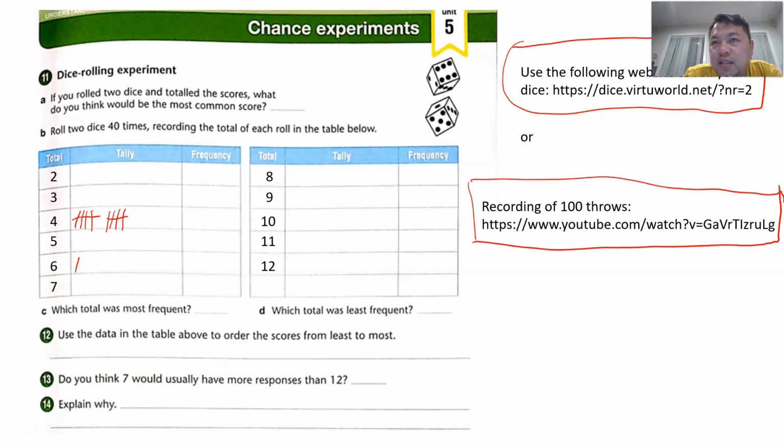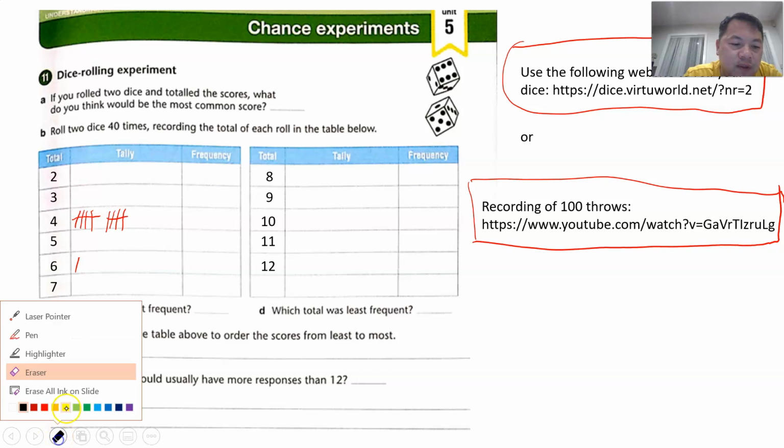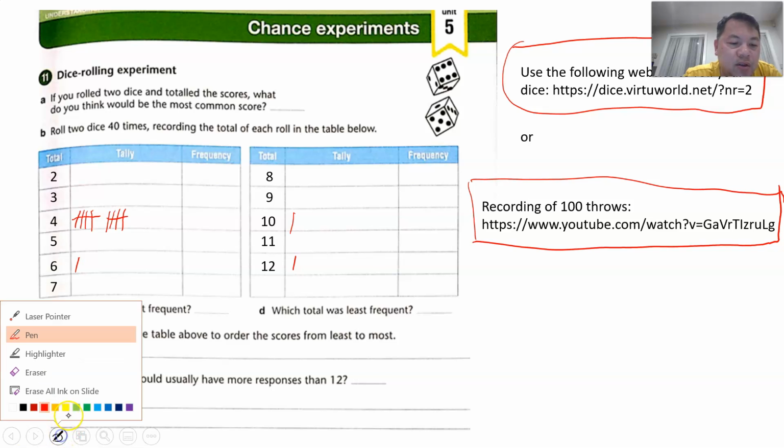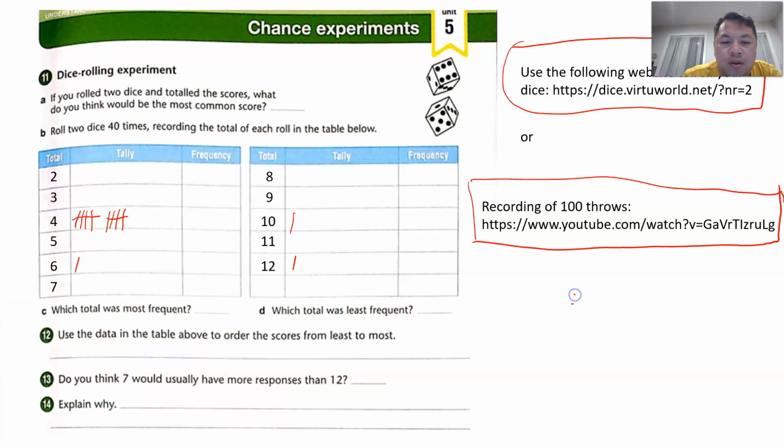So let's say you get a 6, pause the video, record 6 first, then play again. Next time you may have a 12, then put a 12, play again, pause, 10, pause, then you go on until you get the 40th one. Easy. This part you need to do on your own.